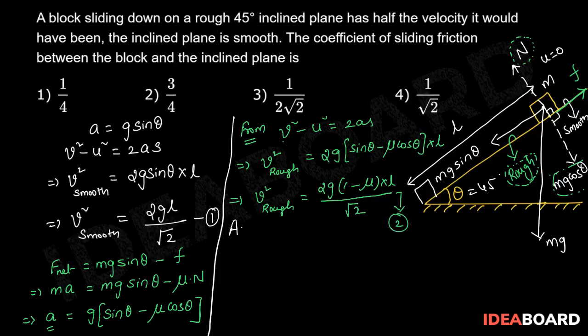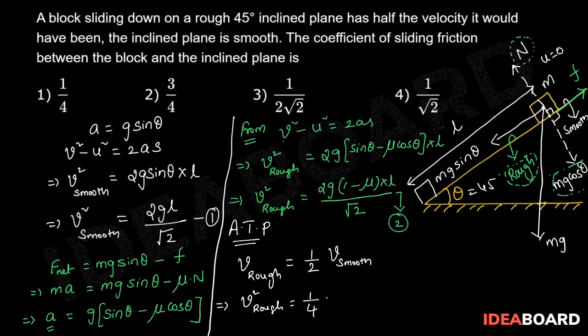Now according to the problem, the velocity attained by the block on rough surface is half the velocity attained by the block when the surface is smooth. So this implies, squaring on both sides, we get v square on rough is equal to 1/4 of v square on smooth.